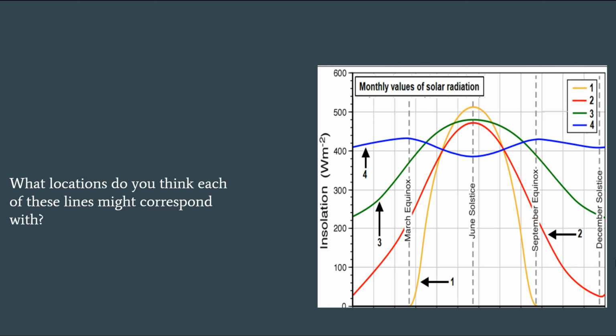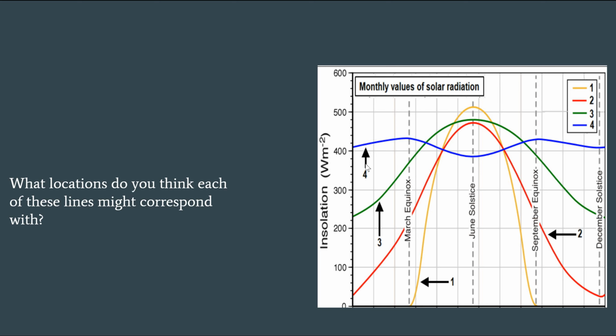So it's a little more southerly, but still in the northern hemisphere. Number three, again probably in the northern hemisphere, since we see peak insolation at the June solstice, but we also have a substantial amount of insolation in all other months. So this is northern hemisphere, but probably more southerly than either the first or the second.